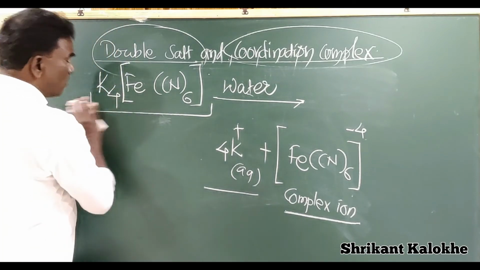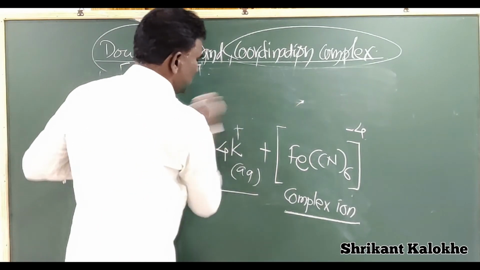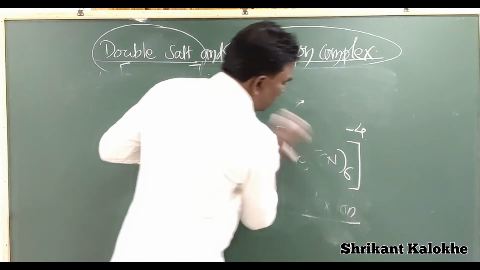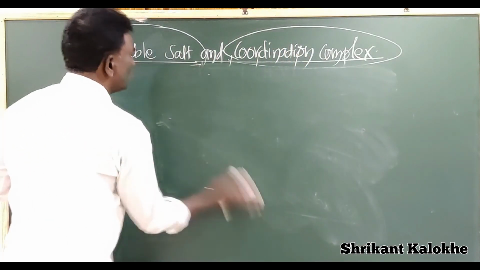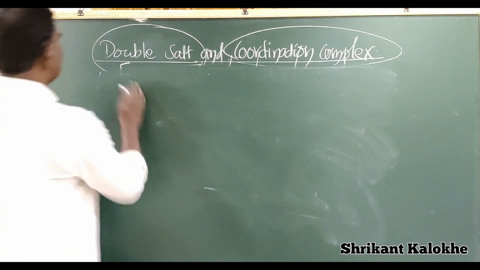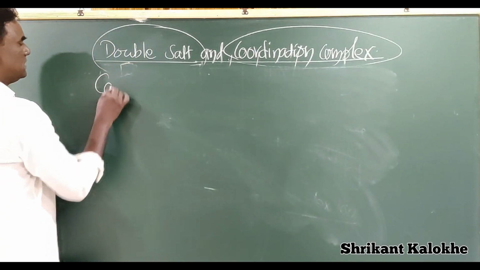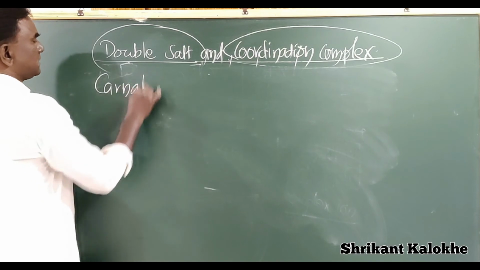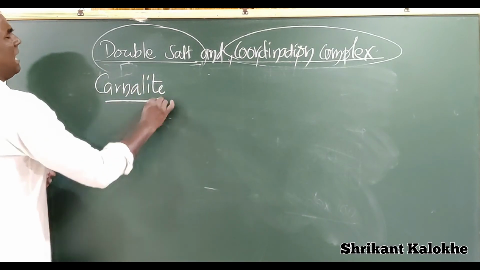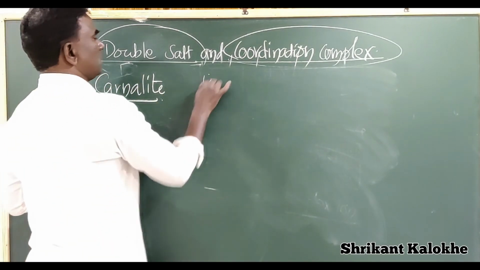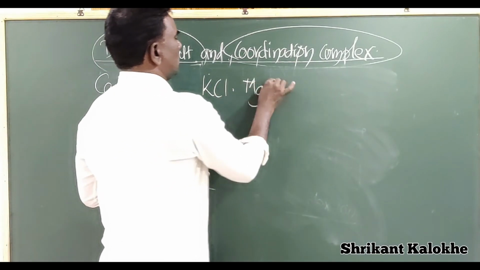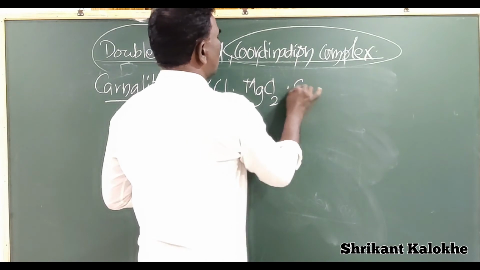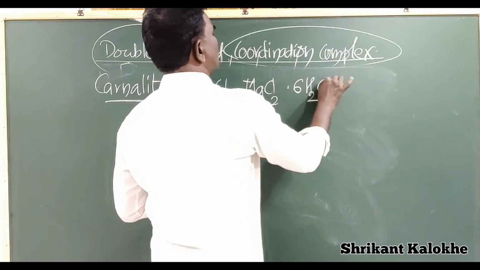There is one more example we will discuss here, and we will find out whether the formula is of a complex ion or a double salt. The well-known salt is named carnallite, and its formula is KCl·MgCl2·6H2O.